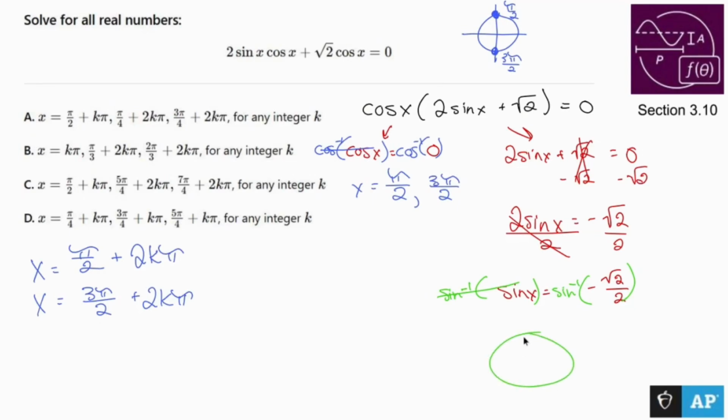Well, let's draw ourselves a unit circle. Y values are negative down here in quadrant 3 and quadrant 4. Negative root 2 over 2 is right in the middle here of the 3 dots that we would normally draw out. That angle right here in the middle is 5 pi over 4. And that angle is going to be 7 pi over 4.